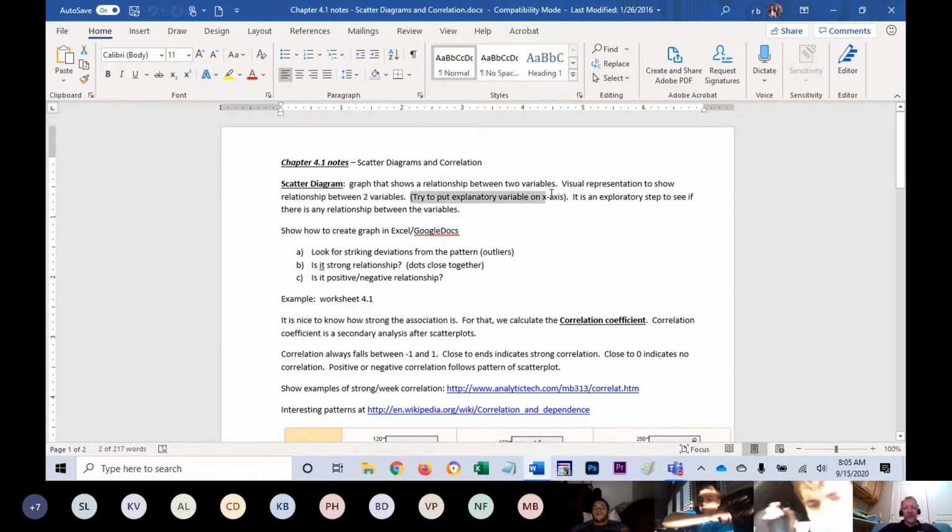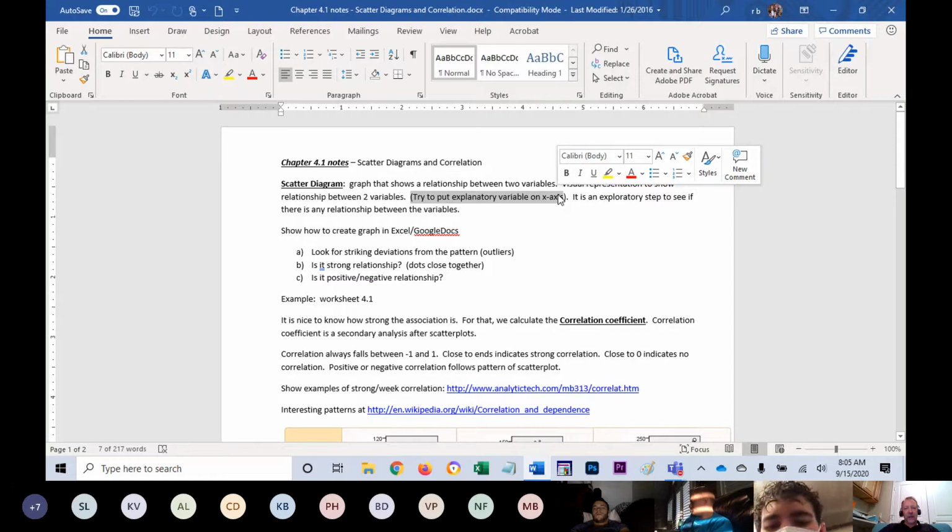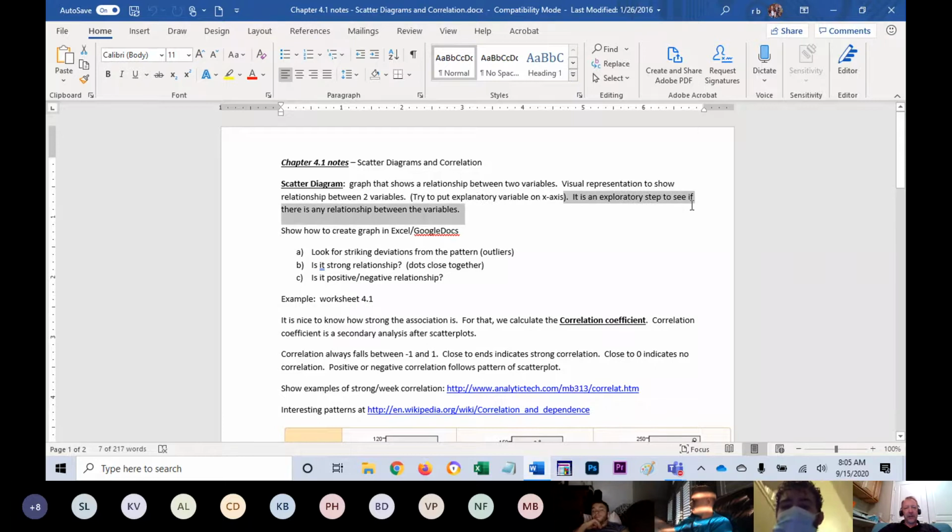We try to put the explanatory variable on the x-axis, and sometimes that's a little harder than it looks, but usually the explanatory variable is on the x-axis and the response variable on the y-axis. This is an exploratory step to see if there's any relationship between two variables. If there is, then we start looking for regression, which we'll cover tomorrow probably.